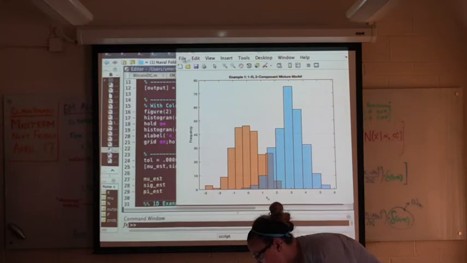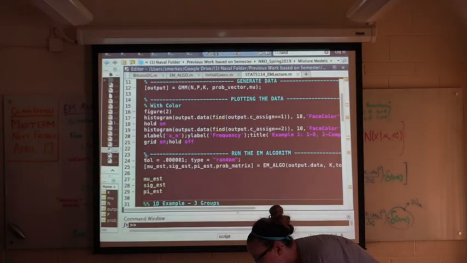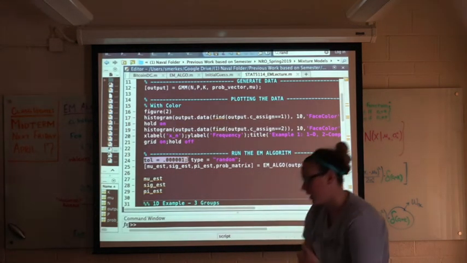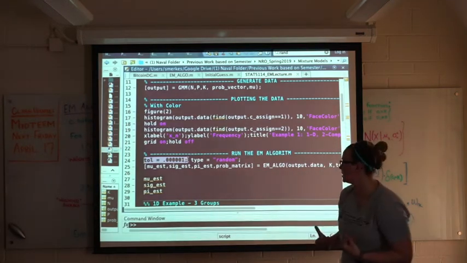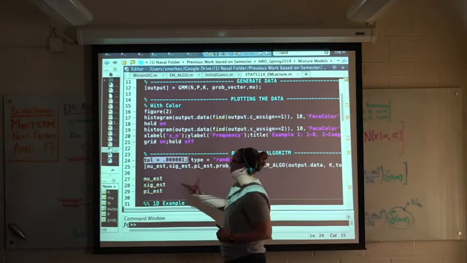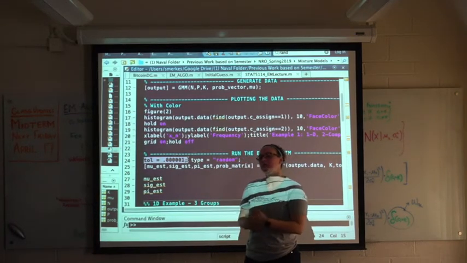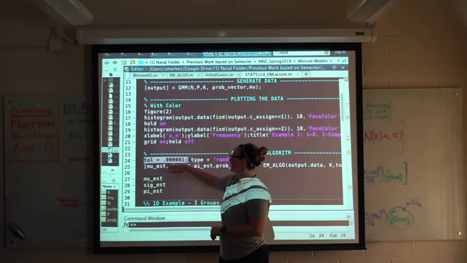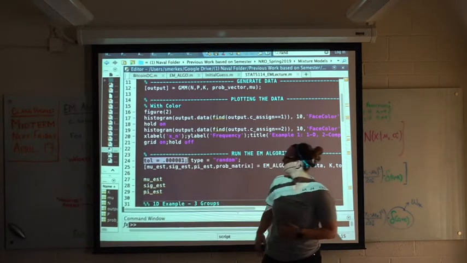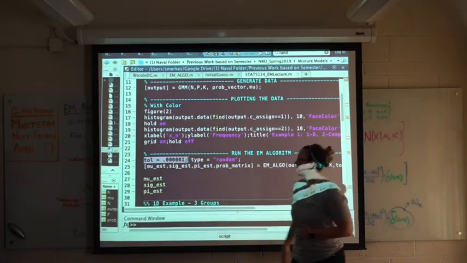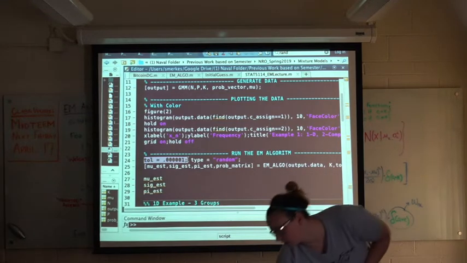Okay, so now what we want to look at is, for my simulation, I did the convergence. So I'm saying that our algorithm will stop once mu at step t minus mu at step t minus 1 is smaller than this tolerance. This type random I'll talk about in 1 second, but all this is going to do is just run the EM algorithm.